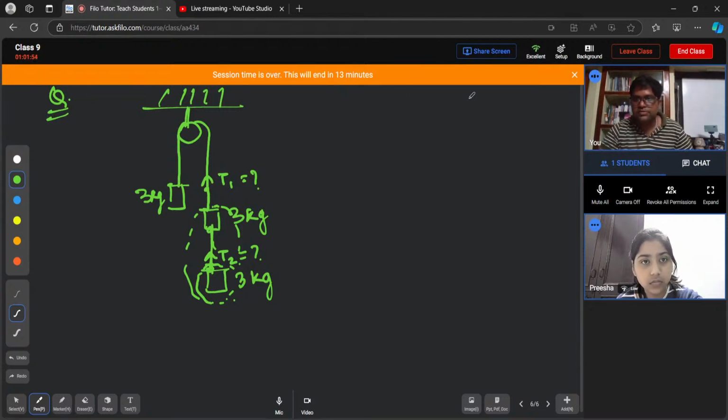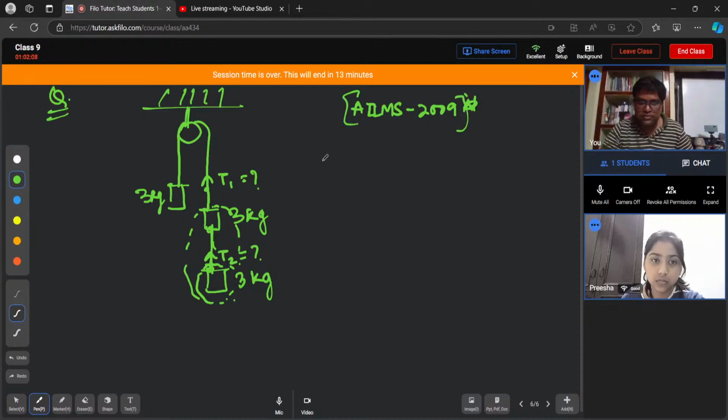This is a question from AIIMS 2009. Previously, before the NEET exam, the AIIMS exam used to happen; only all India exams were there.